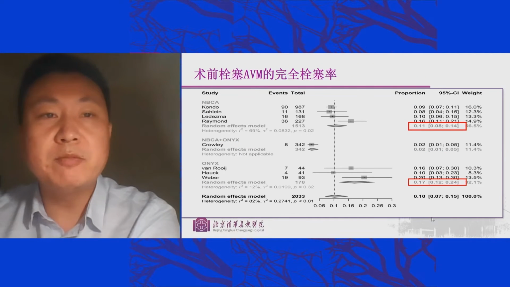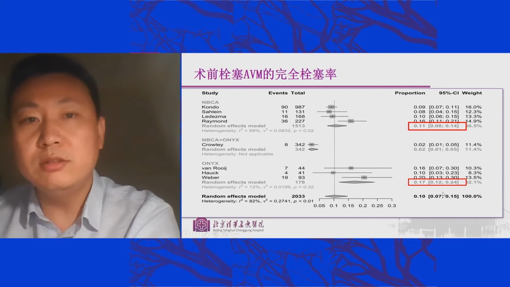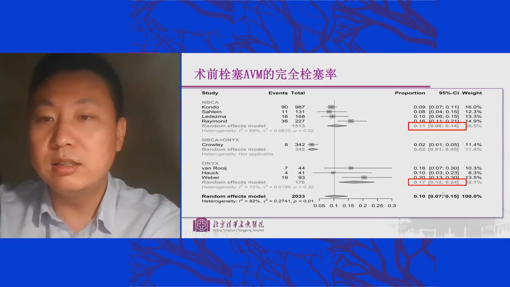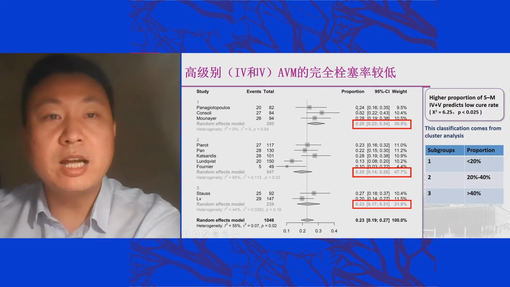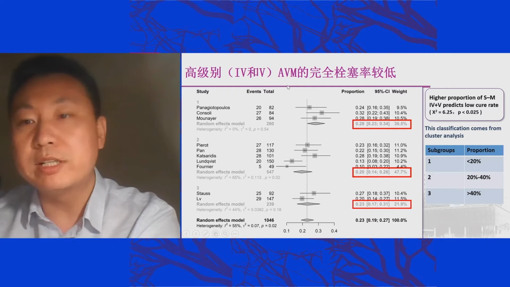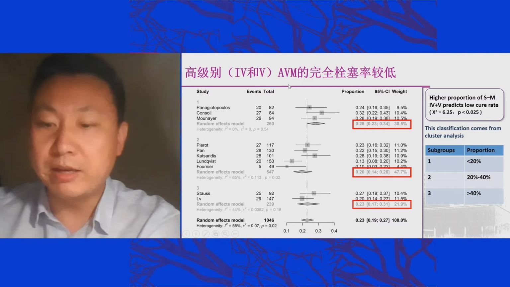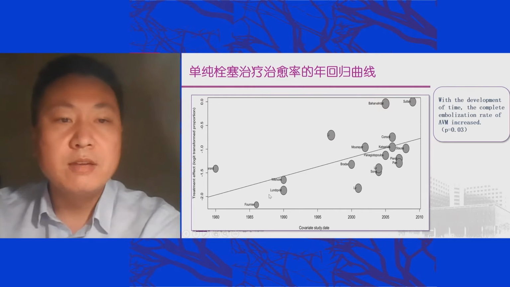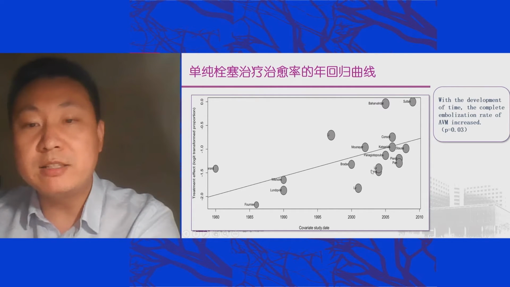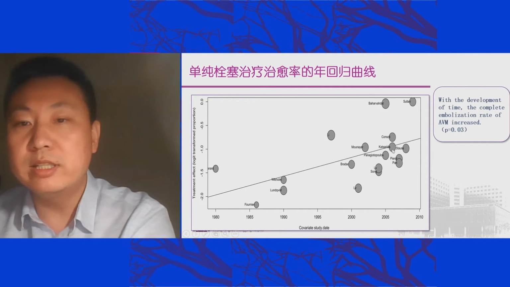Preoperative AVM embolization only gave a low complication rate, but the complete occlusion rate is also low in high-grade Spetzler-Martin grade 4 and 5 AVMs. With the development of AVM embolization techniques, the curative embolization rate has been elevated.